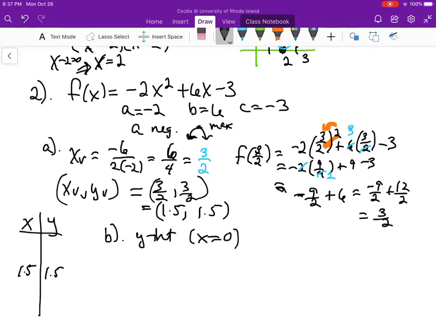This is when x equals 0. So f of 0 is just negative 3, right? If I look at this function, everything with an x goes away. It just becomes 0, and I'm left just with a minus 3. Okay, so let's go ahead and put that in our table. So we have 0, minus 3.